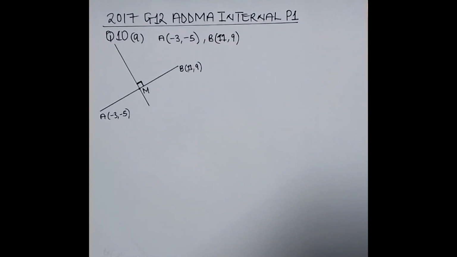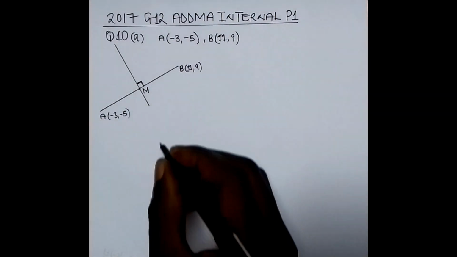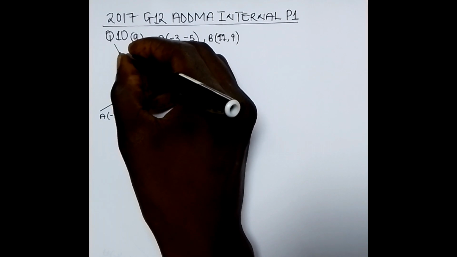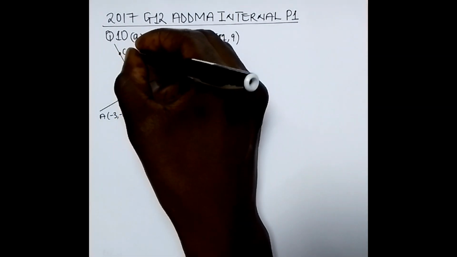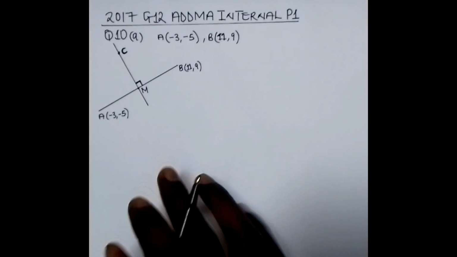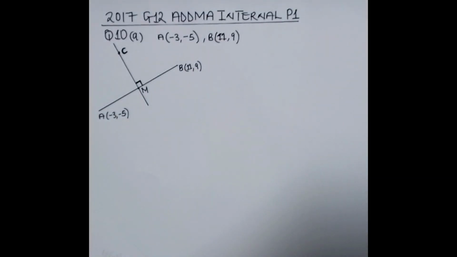Then we can also introduce another point somewhere here, say point C. We're not going to find the coordinates of that point, it's just there for calculation purposes, just to make our work easy. So after coming up with this simple sketch, what do we get first?